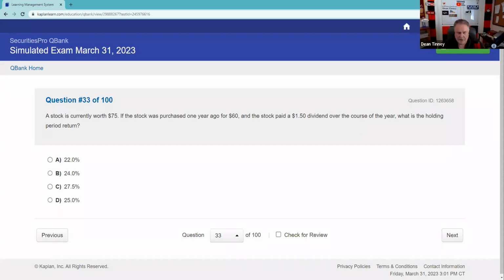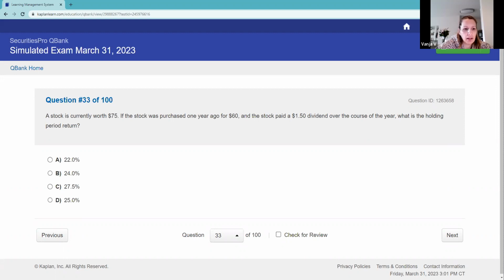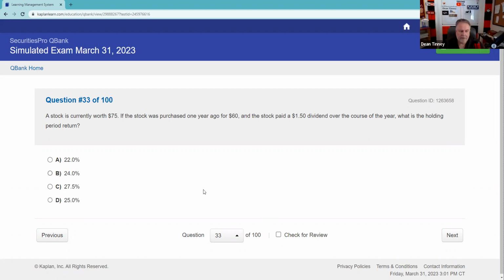So you want to put in your guess and then we'll go over it. Let's do B, 24%. So we had this last time, and you had to recognize the formula, and the formula was what we made from the stock. So we're going to take 75 minus 60. So we made $15 there, plus we made $1.50 from the dividend.